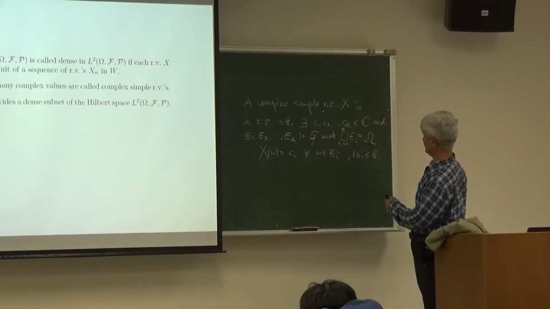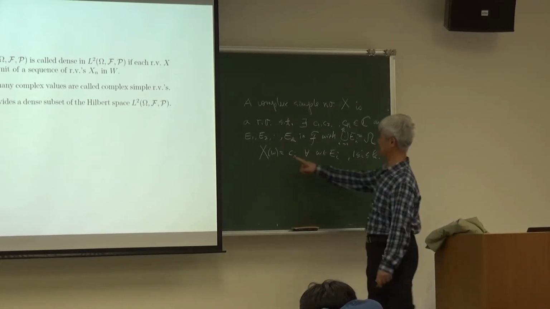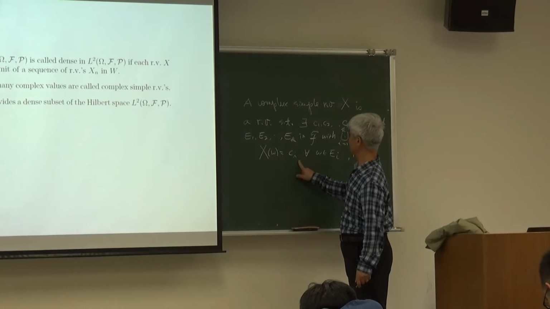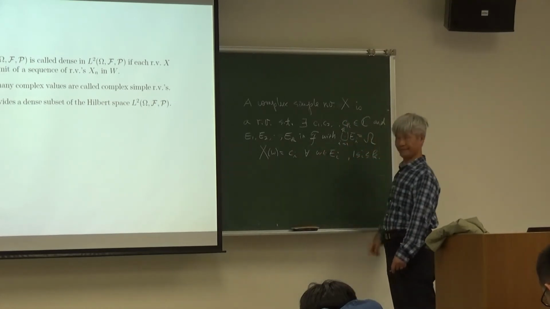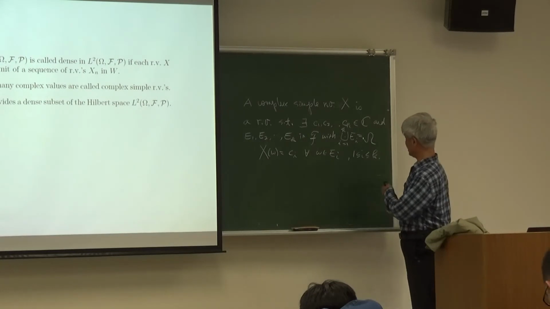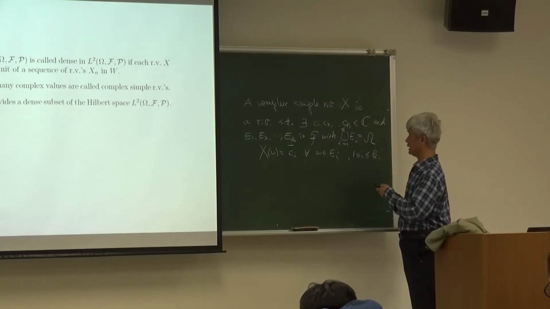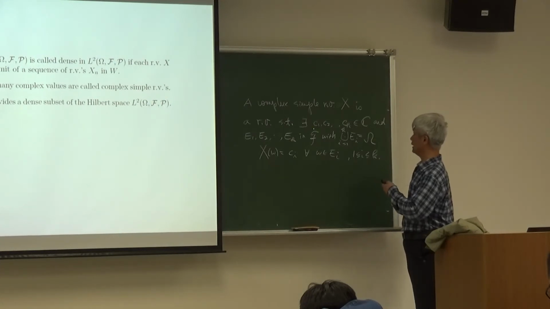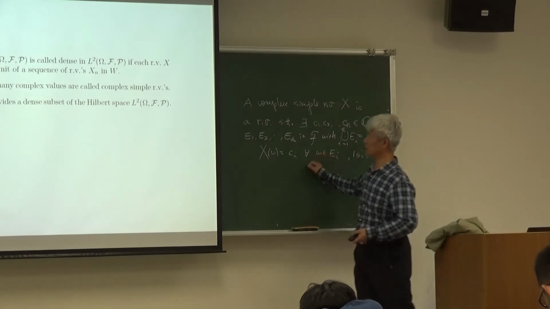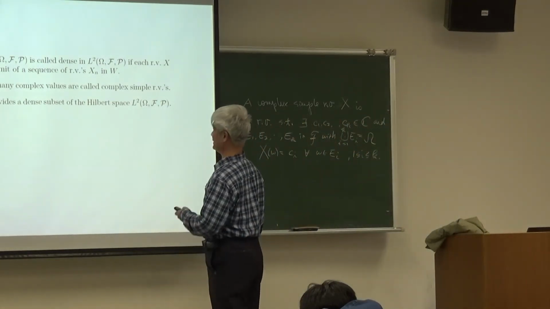So a complex random variable X is called a complex simple random variable if X(omega) equals Ci for all omega in Ei. The point is that the sample space can be partitioned into k parts, and in each part the random variable has a constant value Ci. So it's called a complex simple random variable.